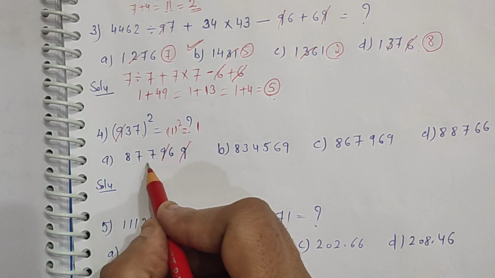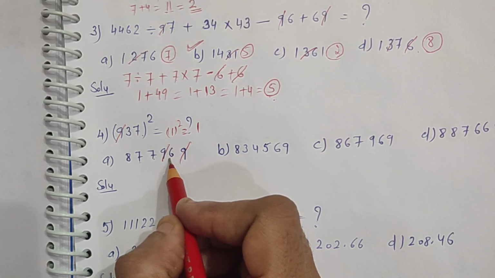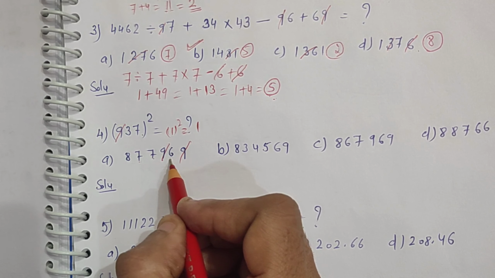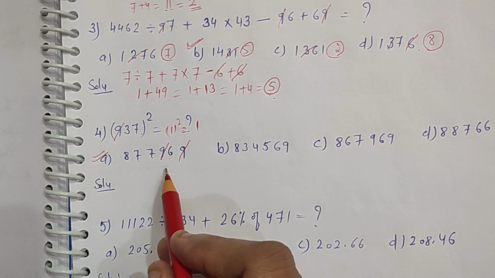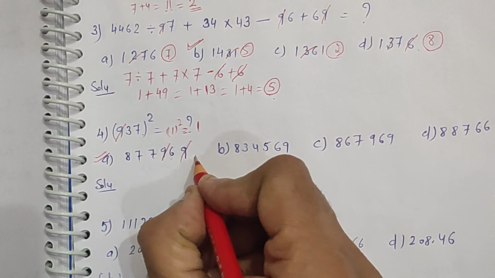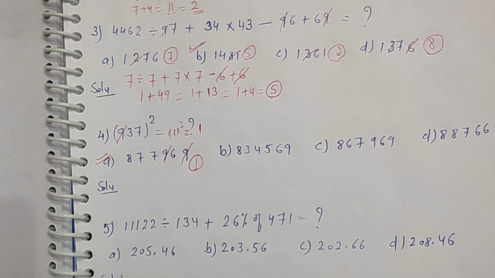And 4 plus this 6 will be 10. So 10 means again it is making my digits as 1, 1 plus 0. So this option can be considered over there, right? Because I am getting 1 as the digit sum over here. Now let us move to the next one.